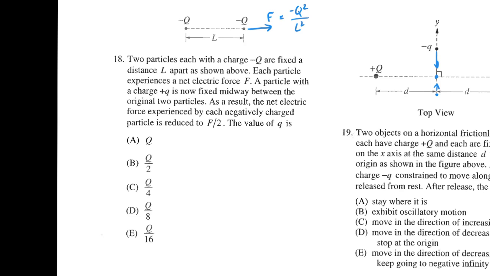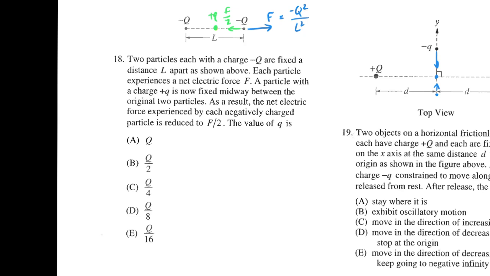But that's got to be the size of the force. I place a new charge here, a new charge that is positive Q, which is going to generate a force in this direction. The size of that force is unknown, but it reduces this force to half of it. So I think we can assume that this force is half of F.